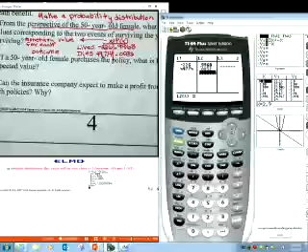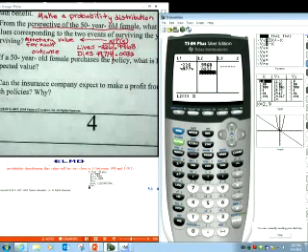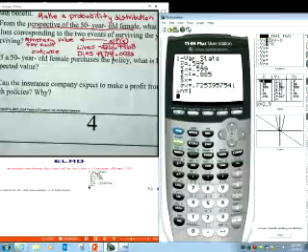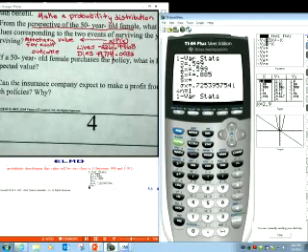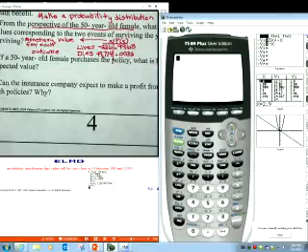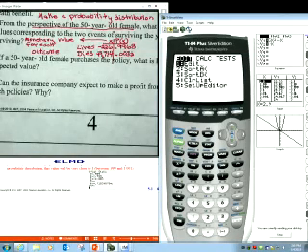All right. Do I have that entered correctly? And how do I find the mean? Stat, calc, and number 1. Let me clear that. Stat, calc, and number 1.